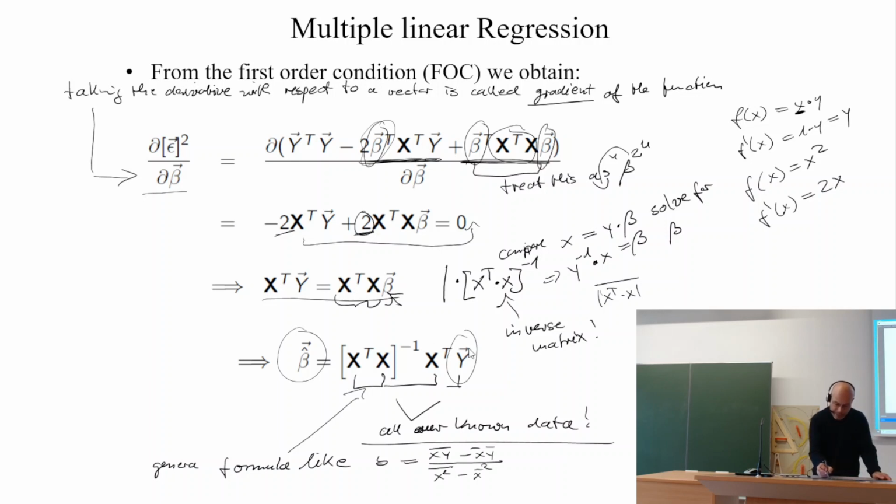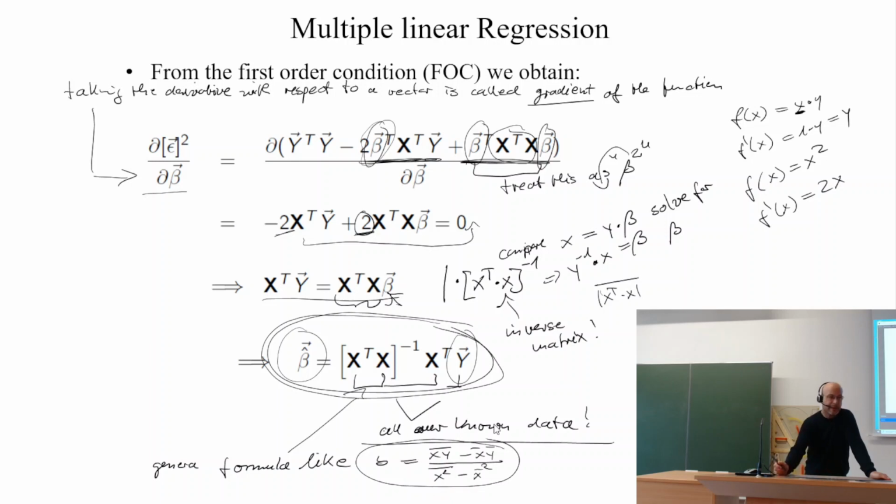So if we reduce this formula to the two-dimensional case only with one x and y, then this formula is nothing else than our a and b, which we had in the simple regression.